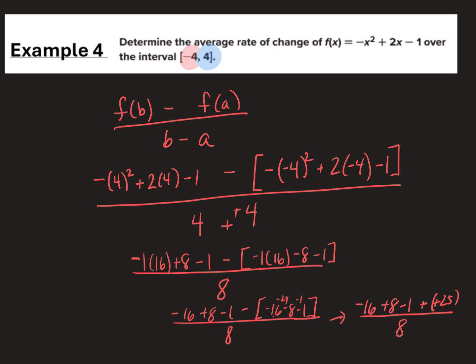Negative 16 plus 8 is negative 8. Negative 8 minus 1 is negative 9. Negative 9 plus 25, I believe, is 16. So I'm going to get 16 in the numerator, 8 in the denominator. 16 divided by 8 is 2. The average rate of change for that example is positive 2. I hope I left you enough room to do those. If not, you are welcome to do that on a separate sheet of paper.